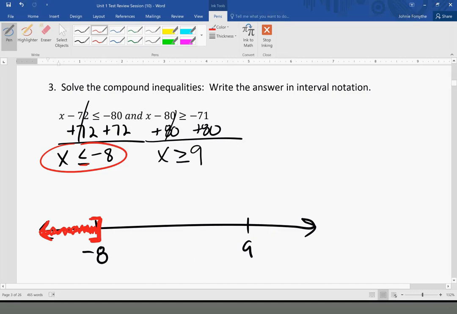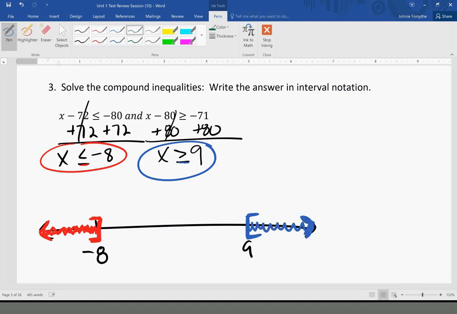Now we have x is greater than or equal to 9. So here's 9, greater than or equal to, so we're going to use a bracket, and we're going to shade the values greater than 9. Now, this compound inequality is an AND compound inequality.